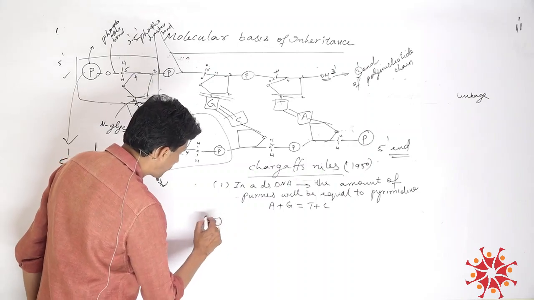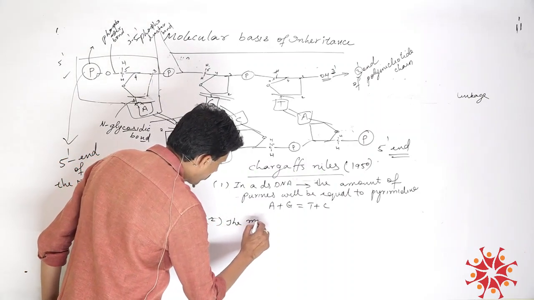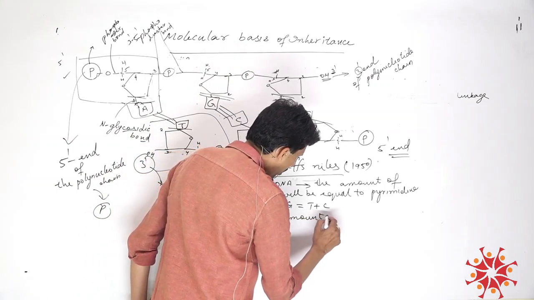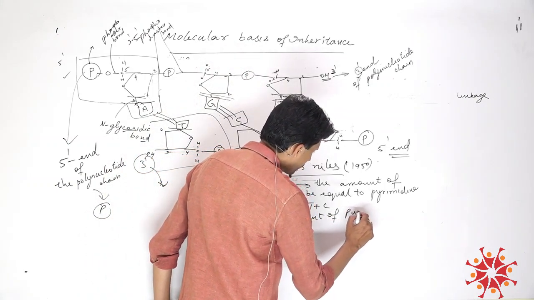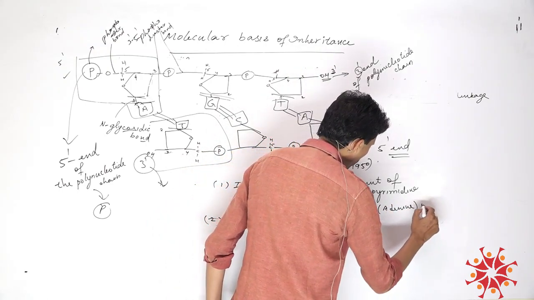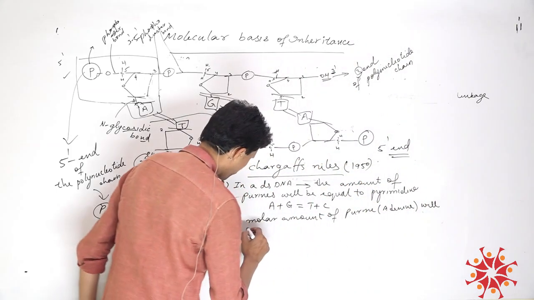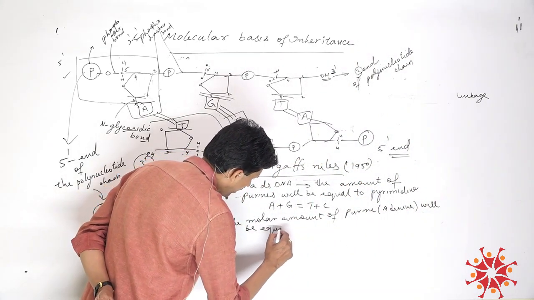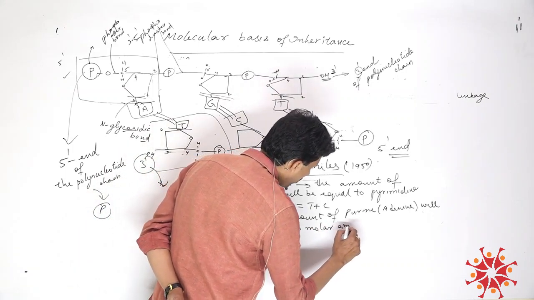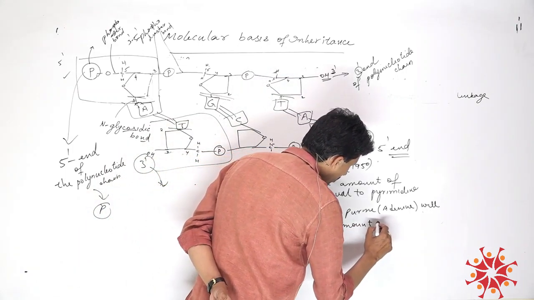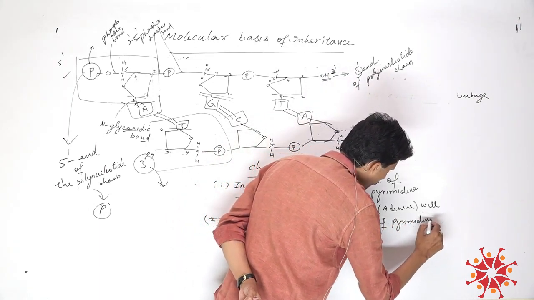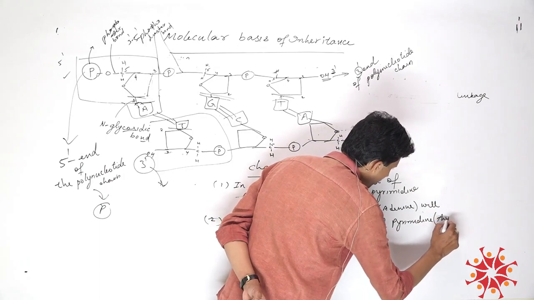Second rule was that the molar amount of, say, purine, in this case adenine, will be equal to the molar amount of pyrimidine thymine, right?